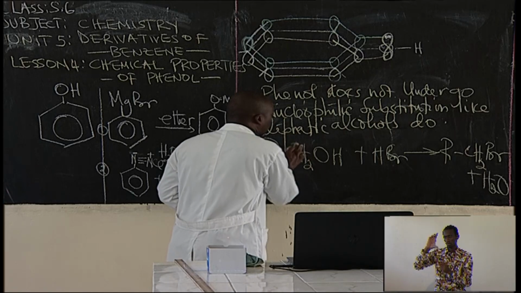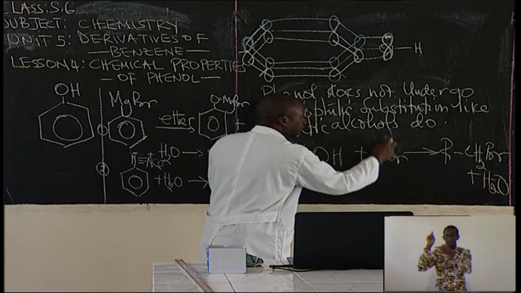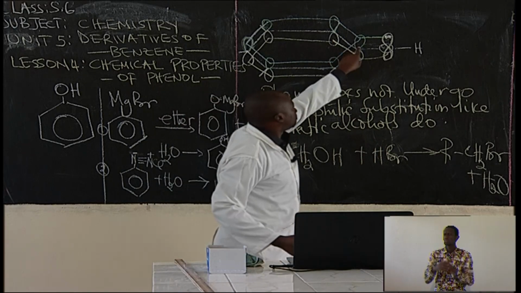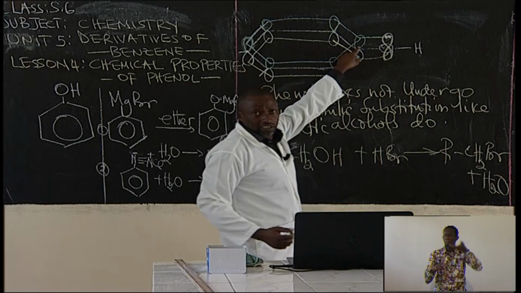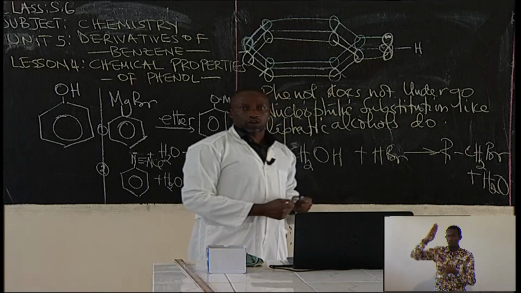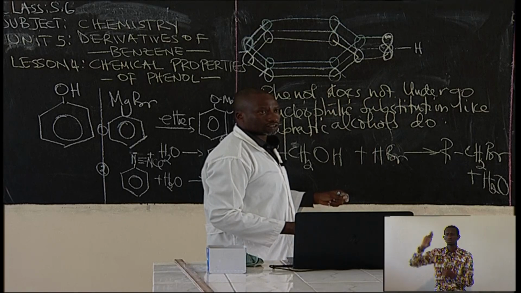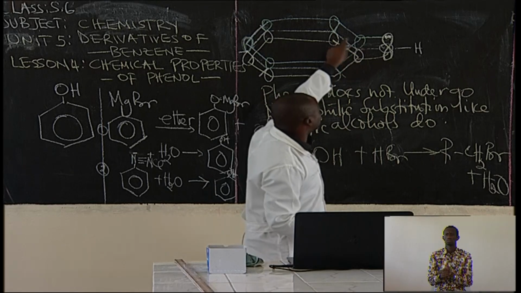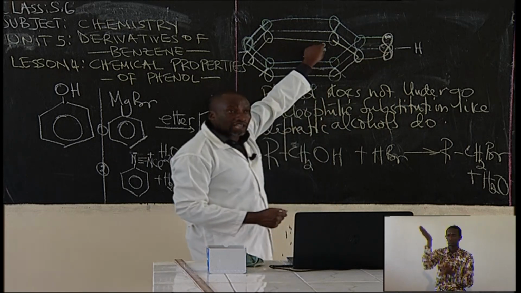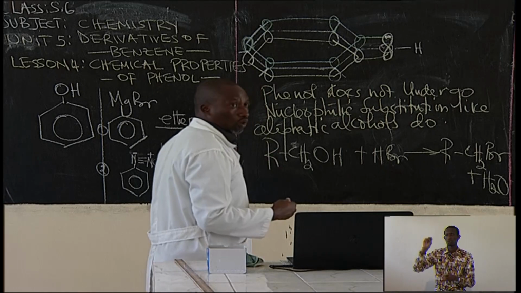So the bromide is substituting this. Because this one forms a positive charge, the positive charge will be attacked by the bromide, which is a nucleophile. In phenol, this positive charge is delocalized. Even the bond here becomes very strong because electrons are entering within the ring. That explains why phenol does not undergo nucleophilic substitution like the alcohols.